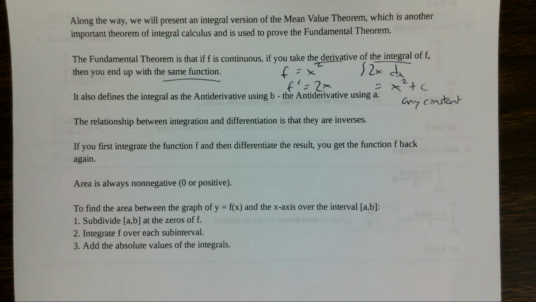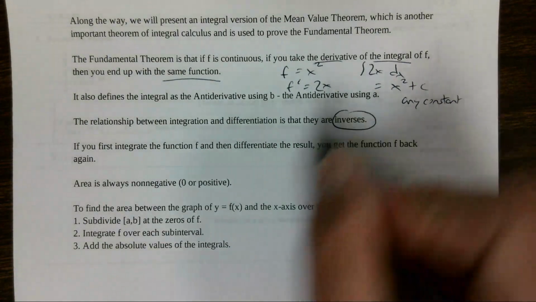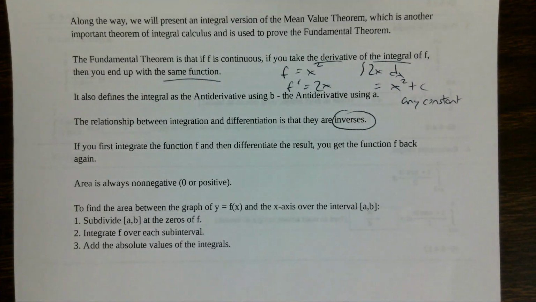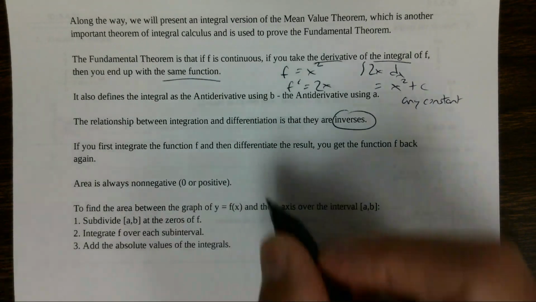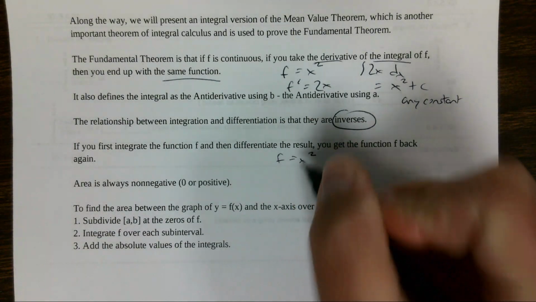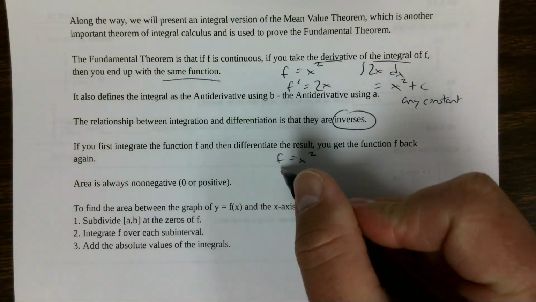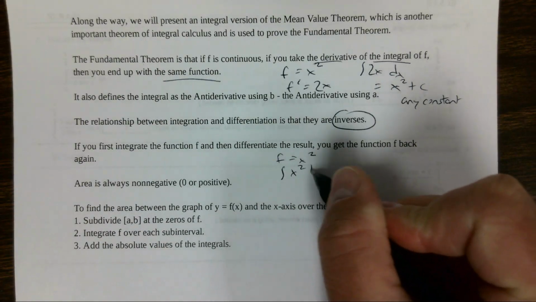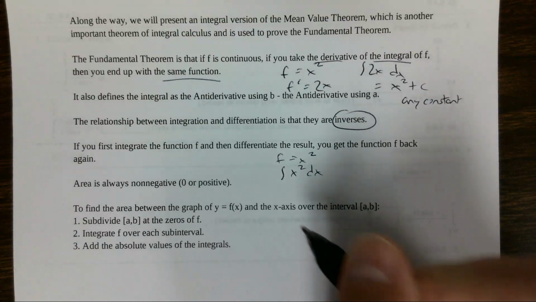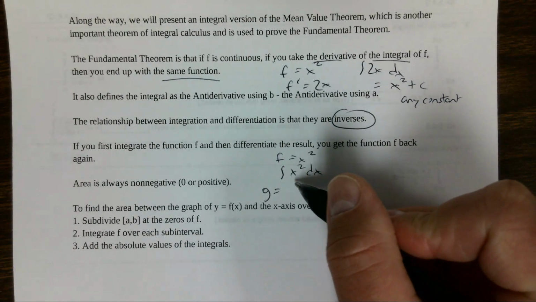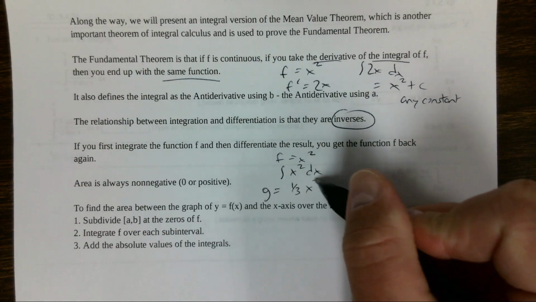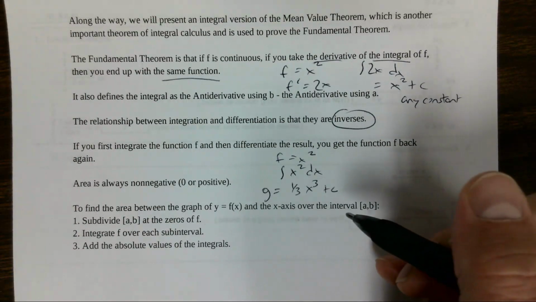The relationship between integration and differentiation is that they are inverses. If you first integrate the function and then differentiate, you get the function back again. So let's say f is x squared. So the integral of x squared dx would be, I'm going to call it function g, which is 1/3 x cubed plus c.